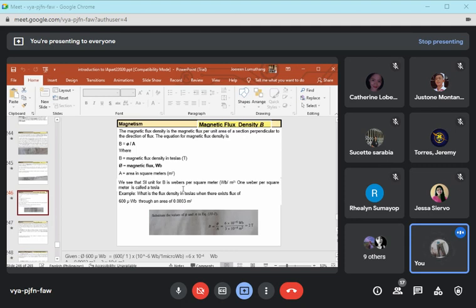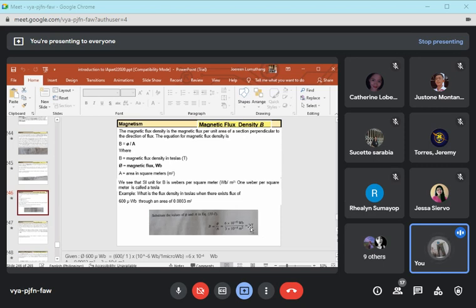What is the flux density in Tesla when there exists flux of 600 microweber through an area of 0.0003 meters squared? To find it, you just have to substitute the values. Here, it's just 6, so 6 times 10 to the negative 4 Weber.